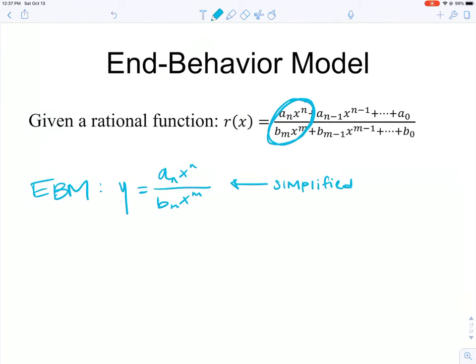And then you can use your end behavior model as a reference. So the end behavior model is going to simplify to something that you know the end behavior of already, okay? Something that's a lot simpler than the rational function that you're trying to determine the end behavior for. So your rational function will have the same end behavior as the end behavior model.